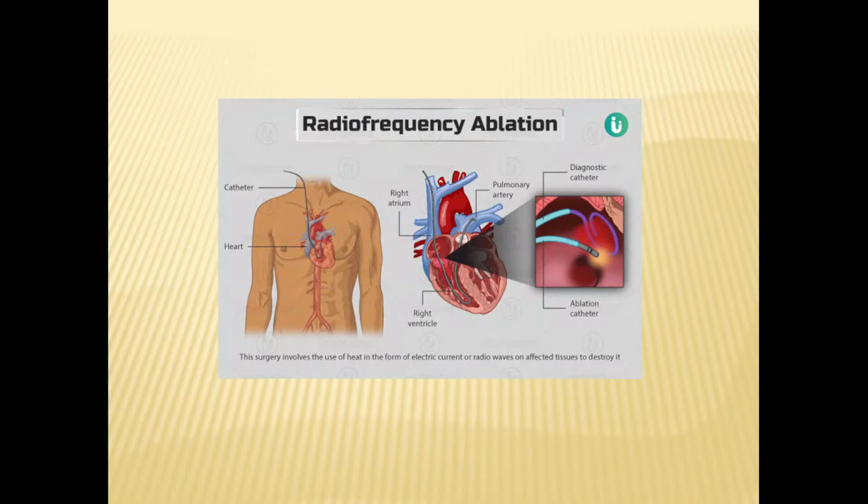What do we do in case of radiofrequency ablation? We put a catheter inside the heart, placing the tip of the catheter near the pathological part of the heart which produces arrhythmia. Before radiofrequency ablation, we do an electrophysiology study to find the source of arrhythmia, when we introduce an electrode inside the heart and check electrical activity of the heart.